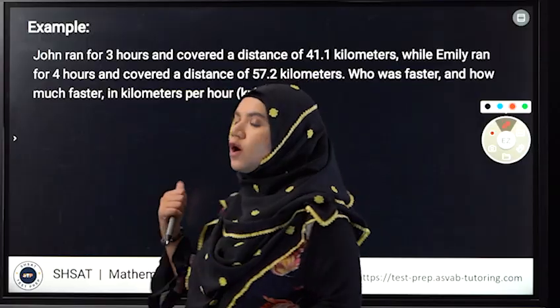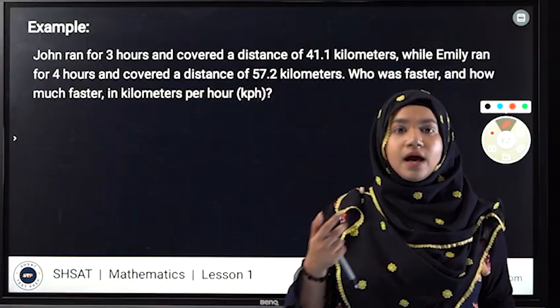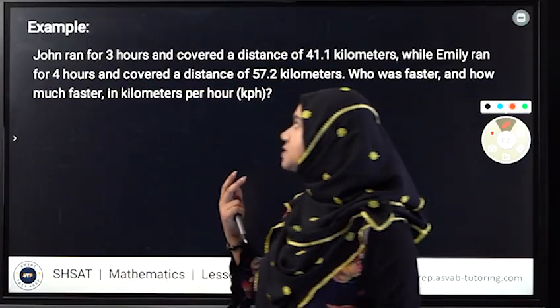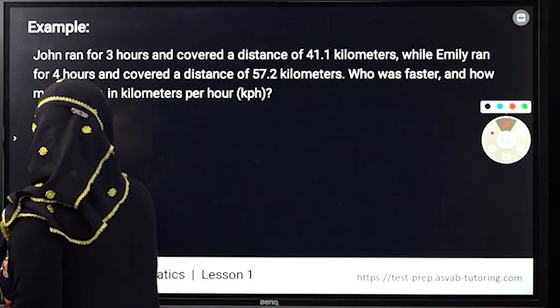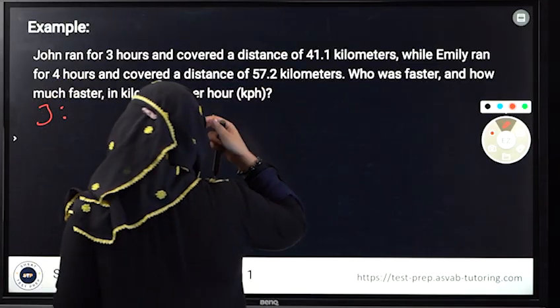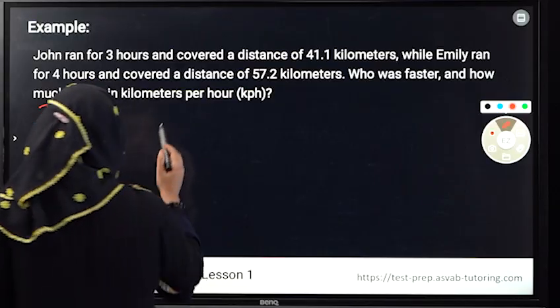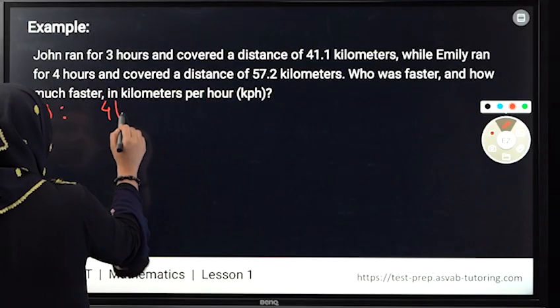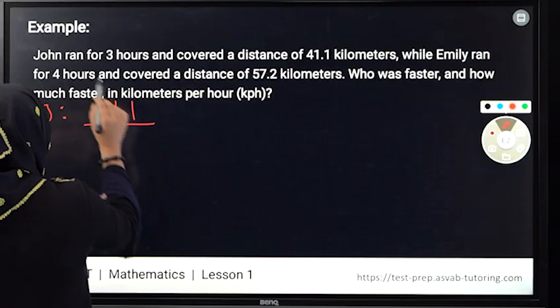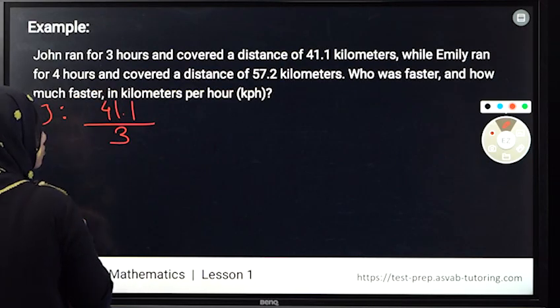Okay. First of all, if we do want to know the speed, we have already discussed the formula for speed is distance over time. So let's try to figure out John's first, then we're going to do Emily's, all right? So the distance of John was 41.1. The time for John was 3.